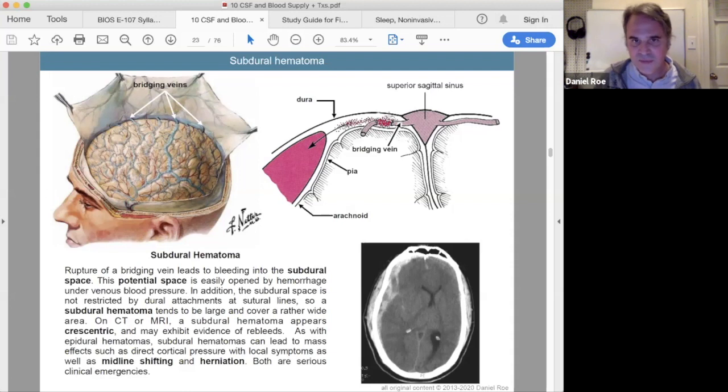And it ruptures and bleeds into the subdural space, forming this great big hematoma, right? And so here's what it looks like on imaging. Again, it's different than what we saw previously with epidural hematoma. It's not confined by sutural boundaries. So it has this crescentic shape. It's crescent shaped.